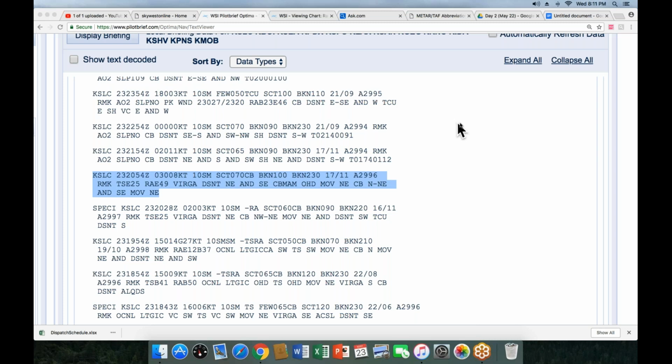I don't quite know how to read the next part. It's a dew point of 17 degrees. Nope. So this is temperature and dew point. So it's 17 degrees Celsius, with a dew point of 11, which probably means it's pretty humid. So 11 degrees Celsius.